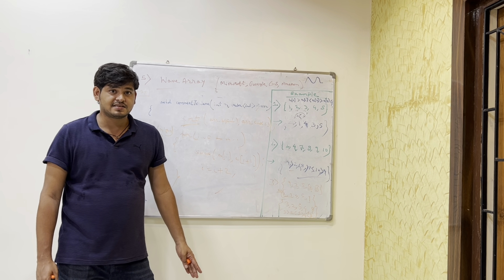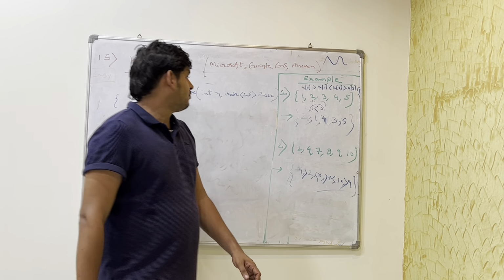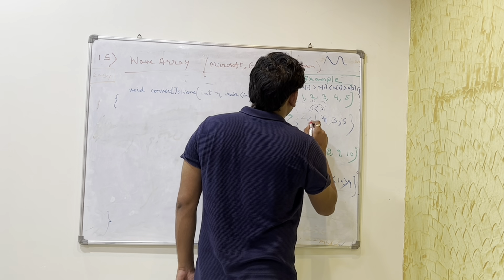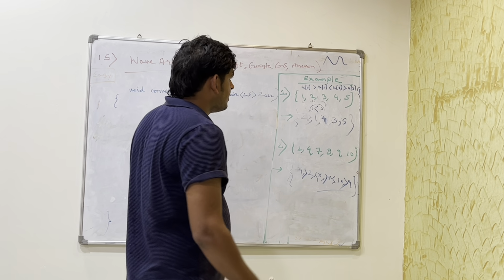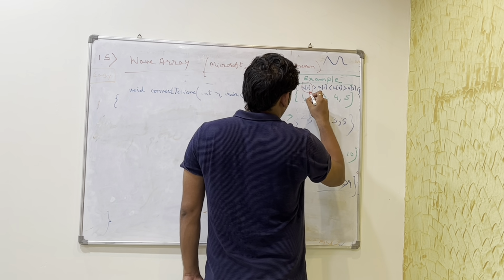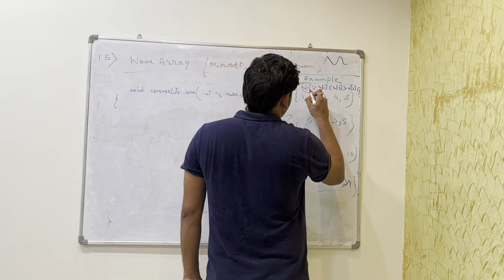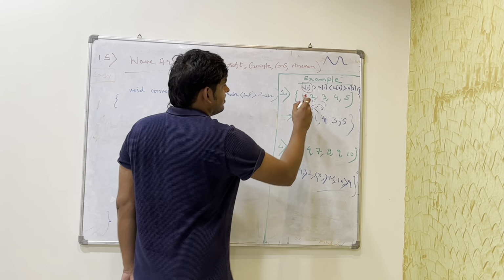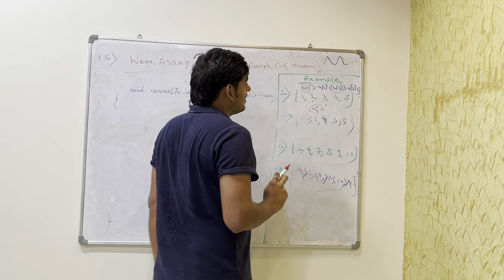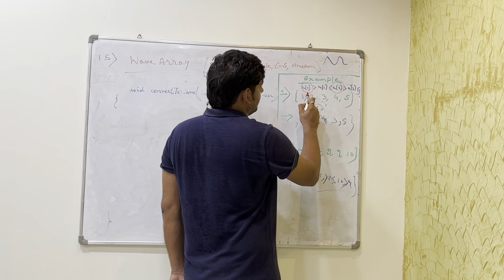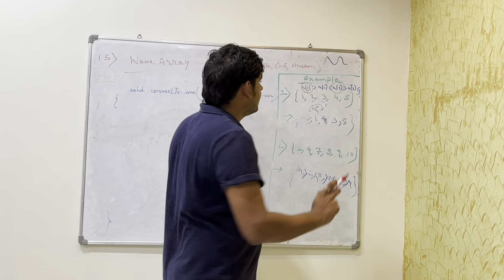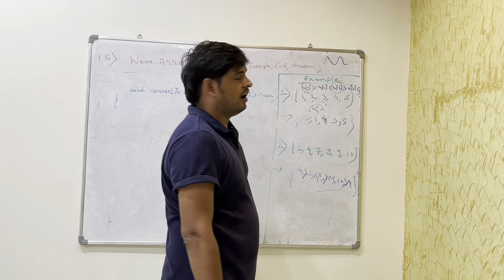Can we optimize this? Yes, we can. We need to observe one thing here for this wave array. You can say it as odd also, but I am considering the indices 0, 2, 4. We can see that this even position according to index is always greater than the adjacent element.